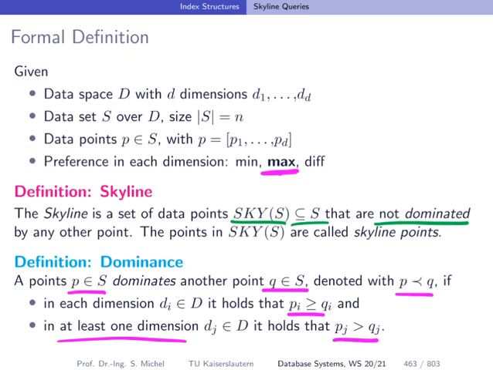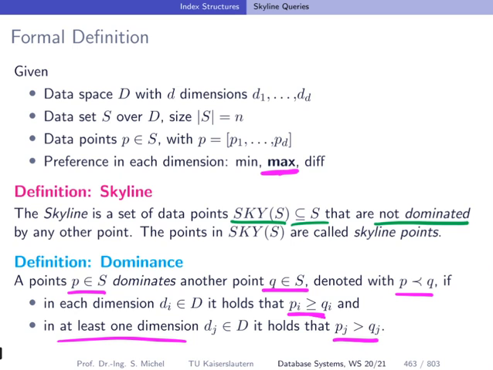That means if you're looking at horsepower and first registration date of a car, in my eyes both are better if they are larger.